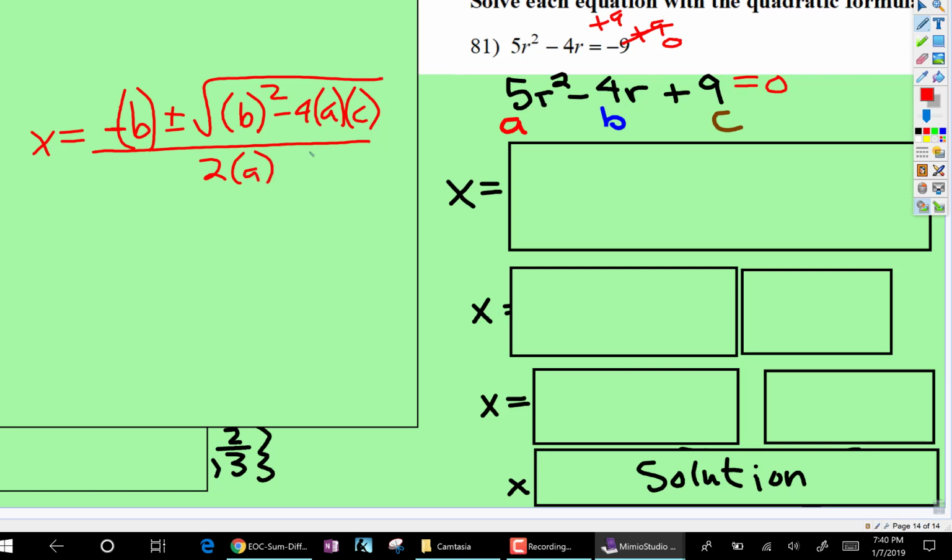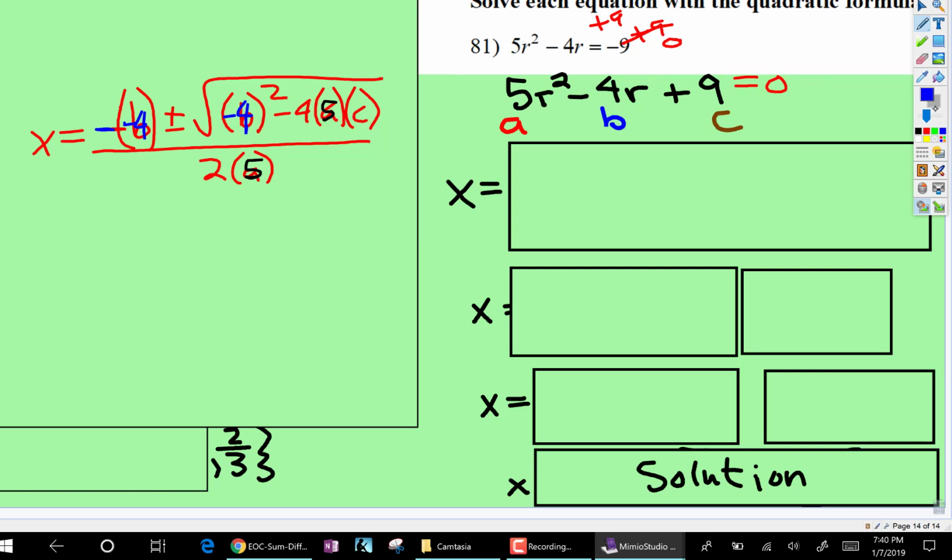So remember, the a is 5, so there's going to be a 5 that goes there and a 5 that goes there. Well, the b value is -4, so -4 goes there and -4 goes there. So that's the opposite of -4.